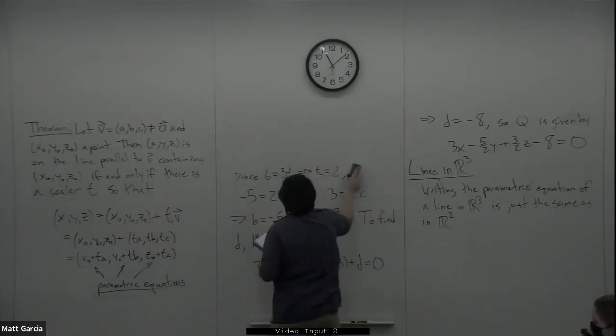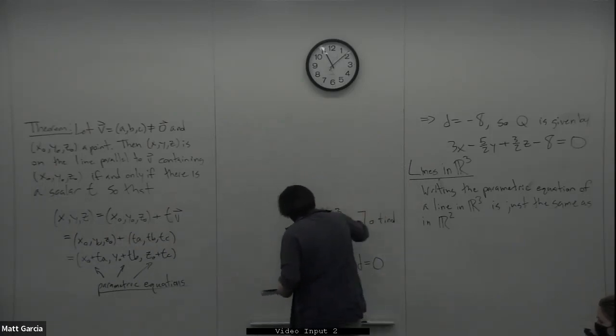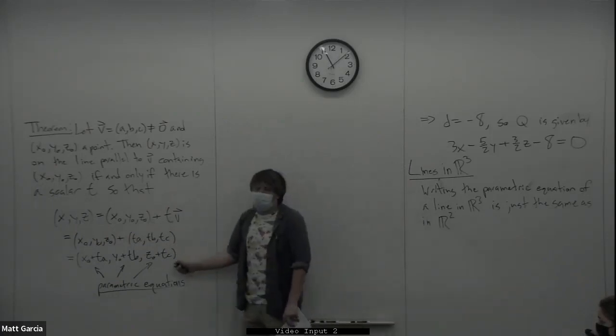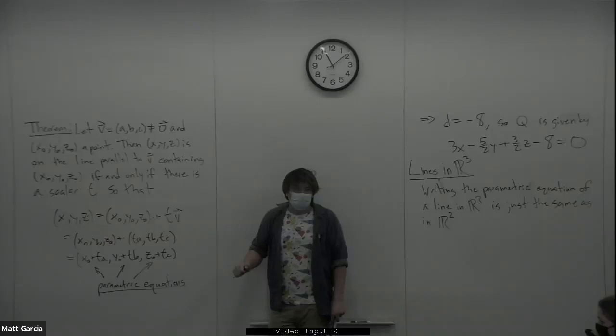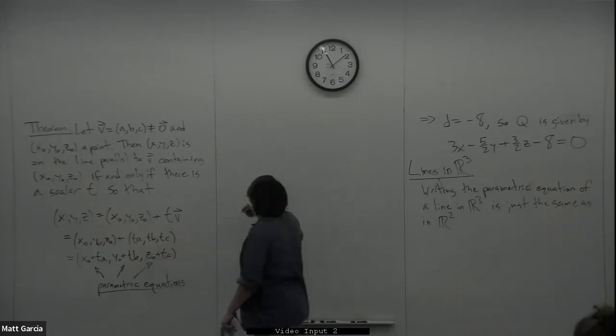So just as in R2, we can take the parametric equations of a line and simultaneously solve for t for each of them, right?